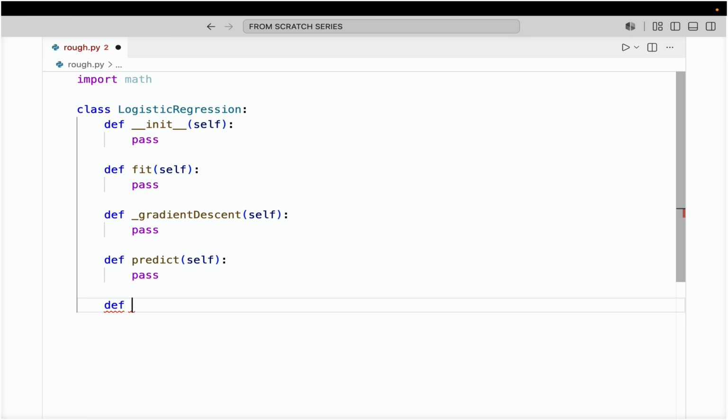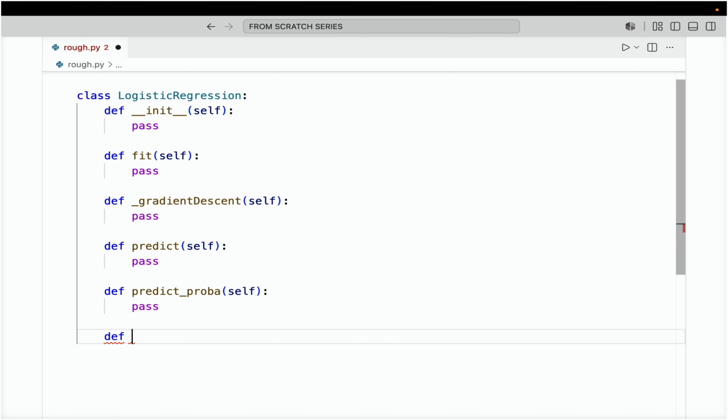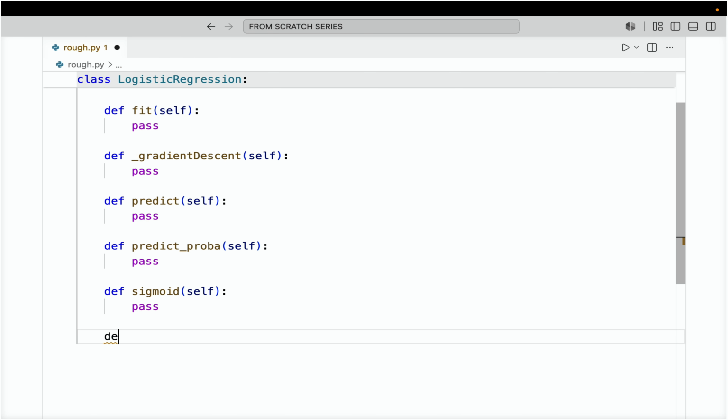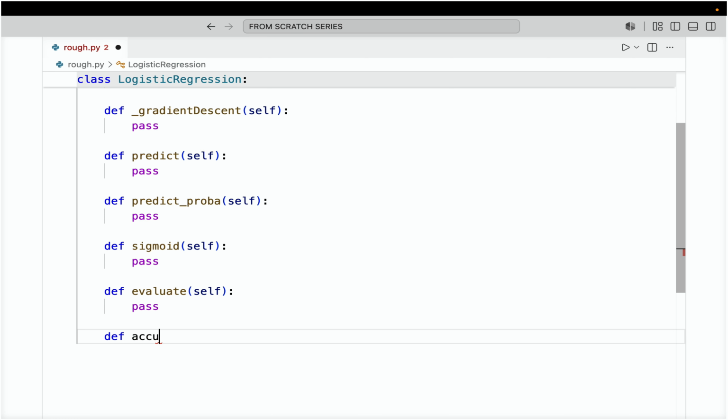And then we need predict_proba. We need the sigmoid function. Evaluate accuracy.